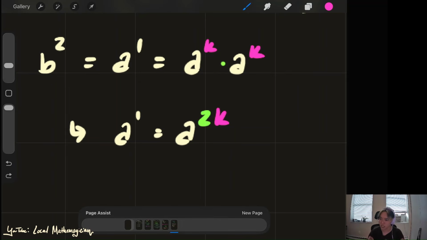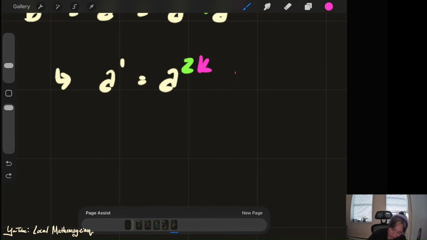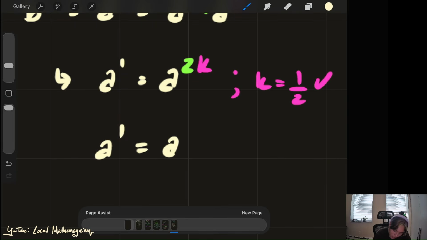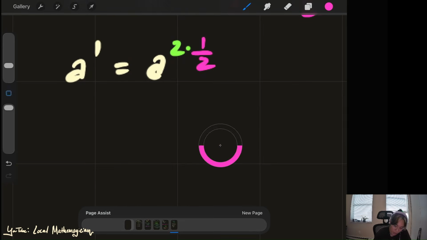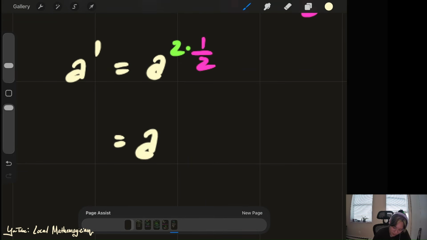What must k equal so that a to the 2 times k is equal to a to the first? If you say k must equal 1/2, you are absolutely right. The reason is because you get a to the first is equal to a to the 2 times 1/2. 2 times 1/2 is 1, right?